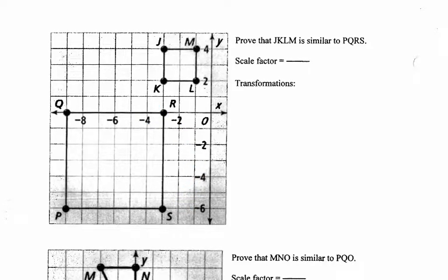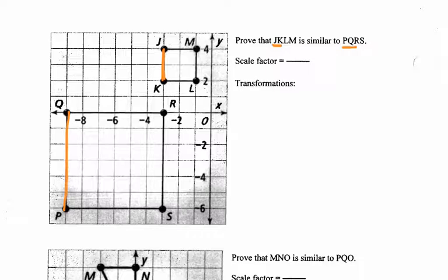All right, the first thing I'm going to do is find the scale factor. So I'm going to take the side length of the image divided by the side length of the pre-image. So let's figure out, if I talk about the side JK, that's here, that matches up with PQ, which is here.